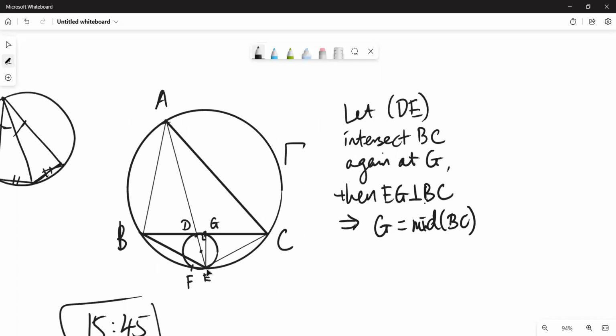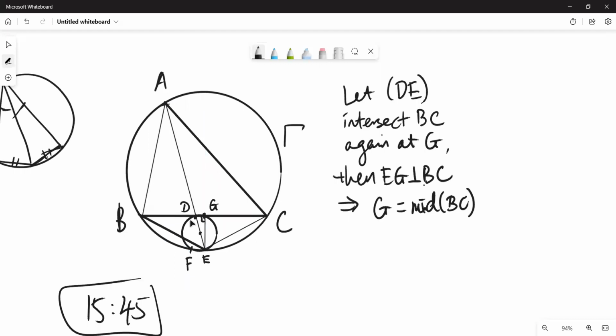Okay, but what's next? We still have to use the fact that F is the second intersection, and we want to prove that AF is the symmedian. So now we just have to prove that AF and AG are symmetric over the line AE. So how do we do that?